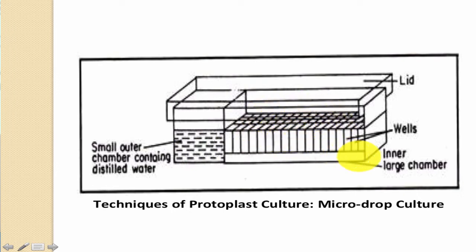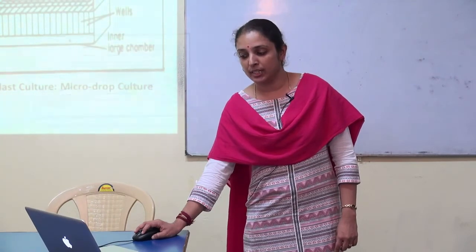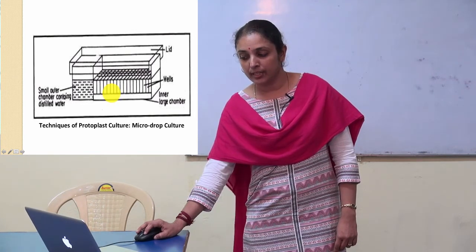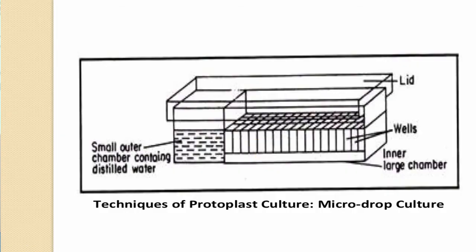Below this, there is a place that is filled with nutrient media. Each of these micro wells has an opening at the bottom, fitted with a mesh. These meshes have a pore size in which we can place microscopic protoplasts, whose structure may be around nanometers.